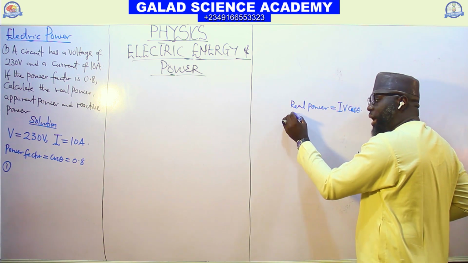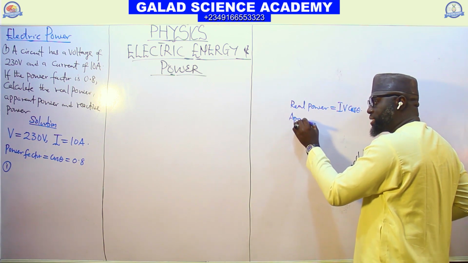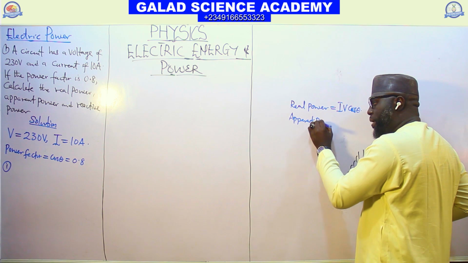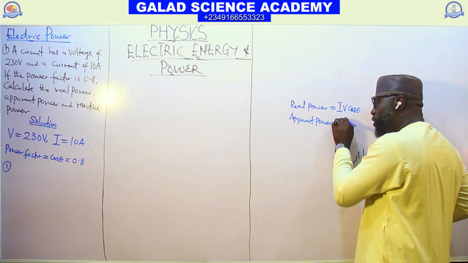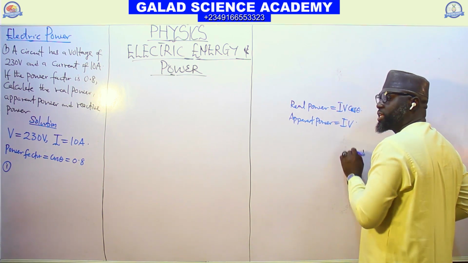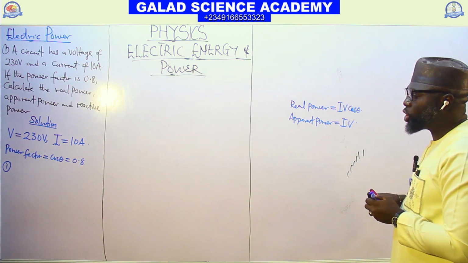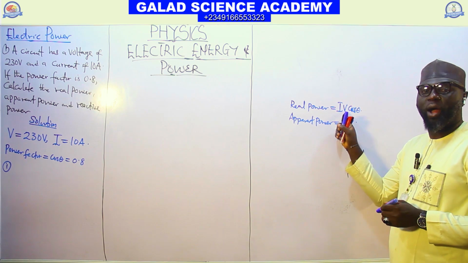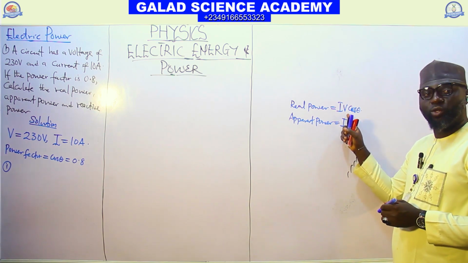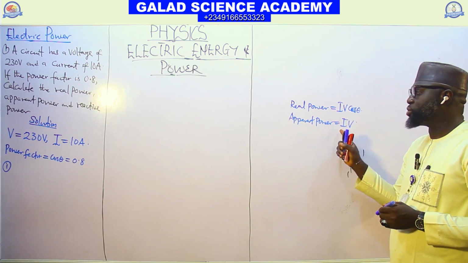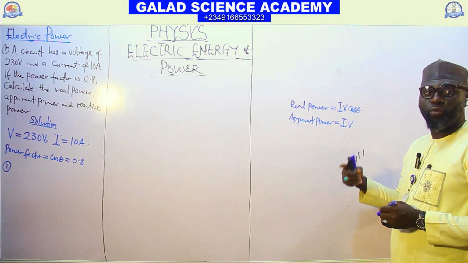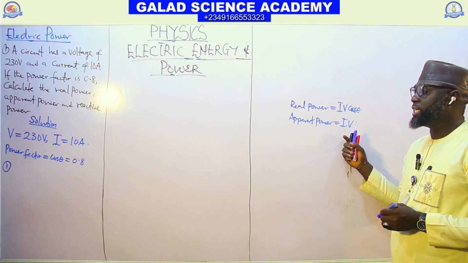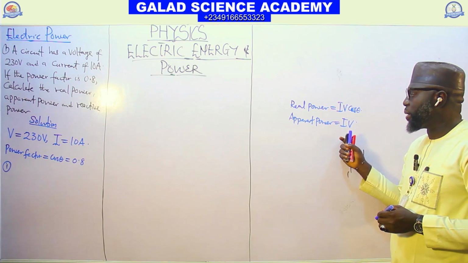But the apparent power, we know is IV. So we can use the apparent power and the real power to find the reactive power.